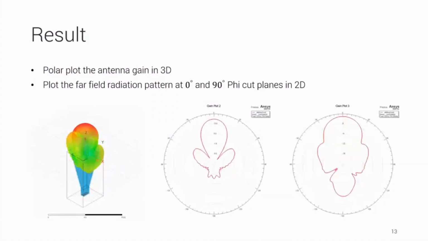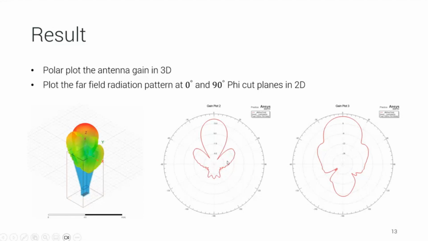And for the result, we can see here the first picture is the polar plot of the antenna gain in 3D. And for this one, the 2D plot for the far field radiation at 0 degree cut field, and this one for 90 degree cut field.